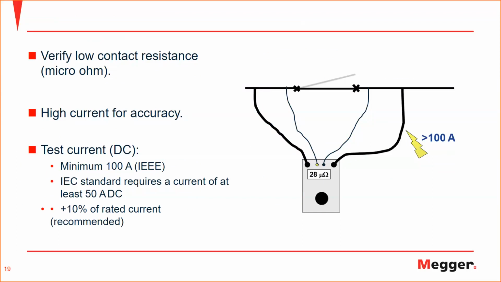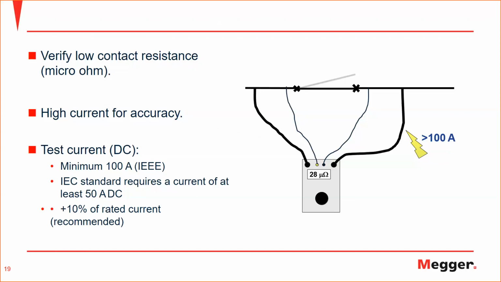Usually, we use a high current to give us the accuracy to measure this micro ohm range. And according to the standards, IEC and IEEE, for IEEE, the minimum test current should be 100 ampere DC. And for the IEC standard, it is a minimum of 50 ampere DC.